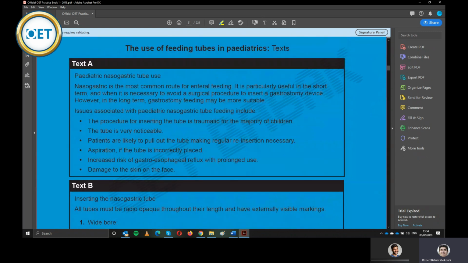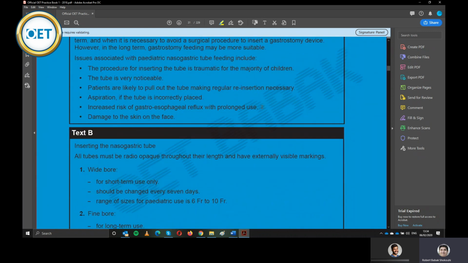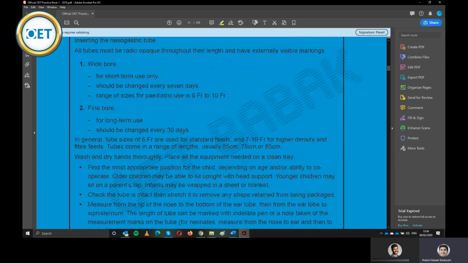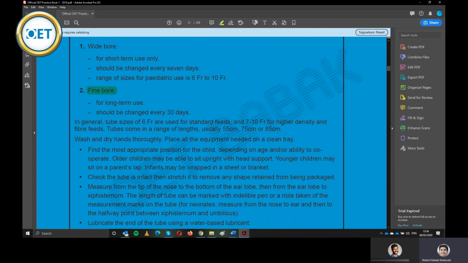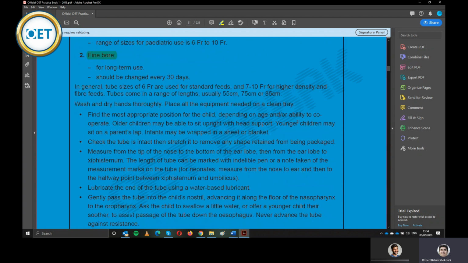So that fine bore was the first one. We quickly scan. So what are we looking at?